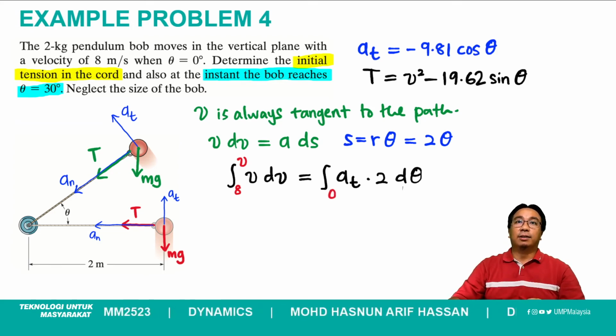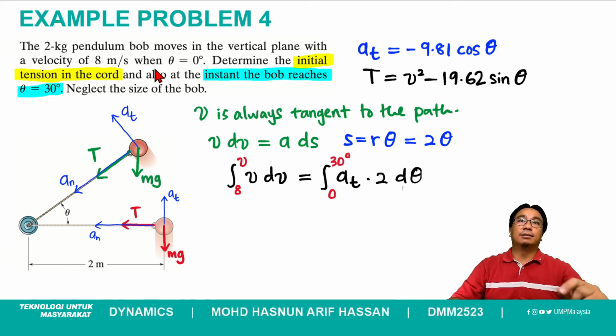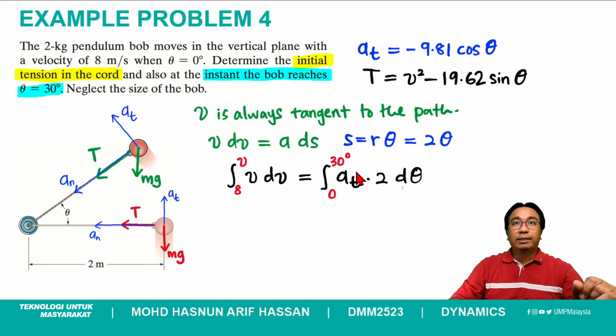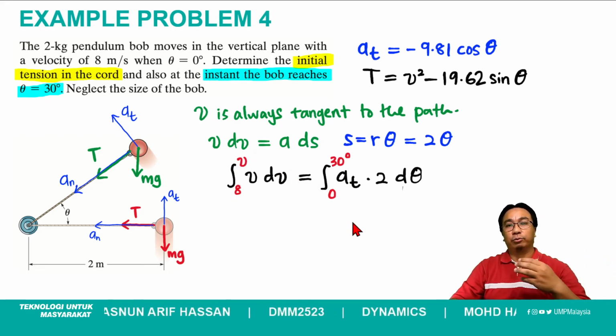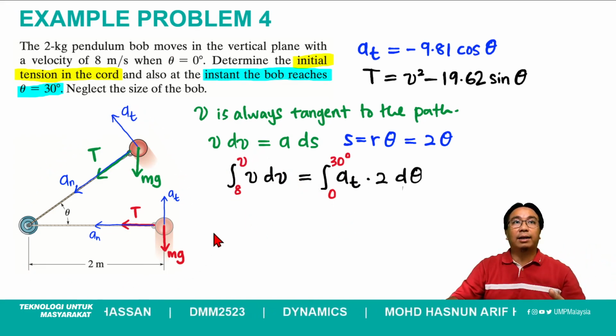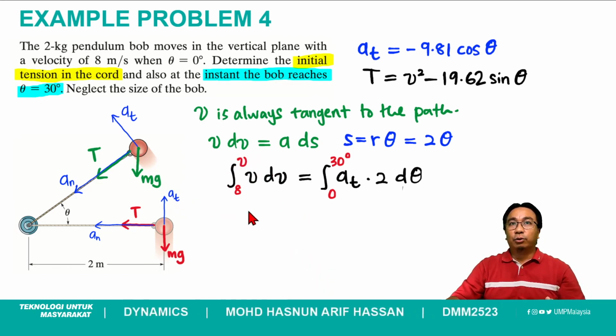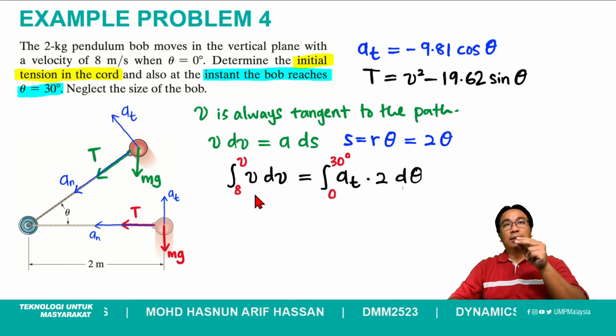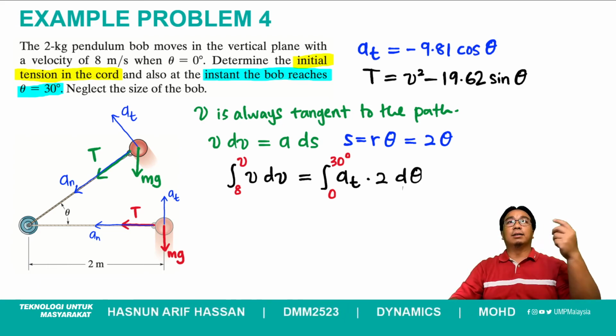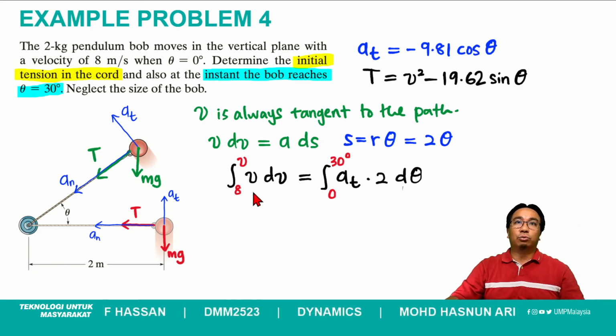Good. 0 until 30 degrees. Okay, so this range of integration you have to be able to extract daripada problem. So when you see the problem, you should know what is the range, what is the initial value, what is the current value that you want to calculate.